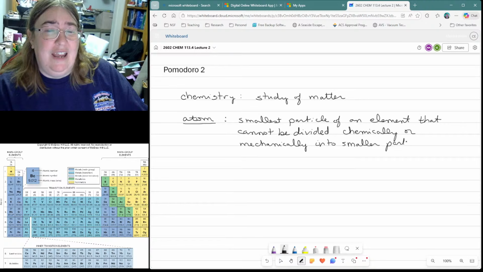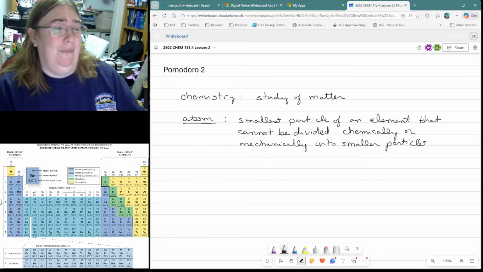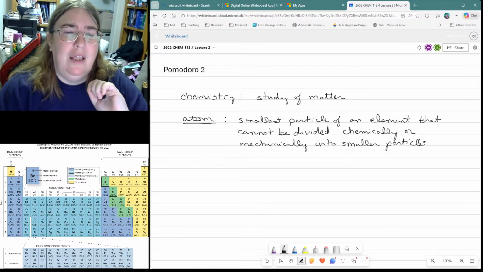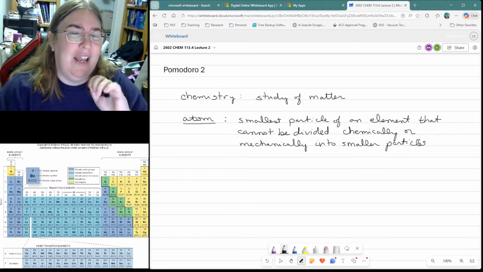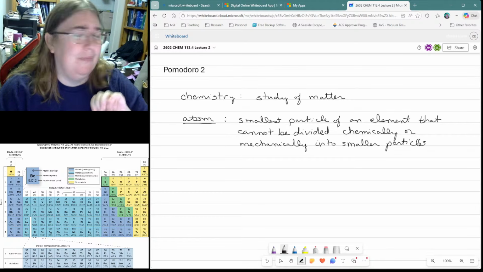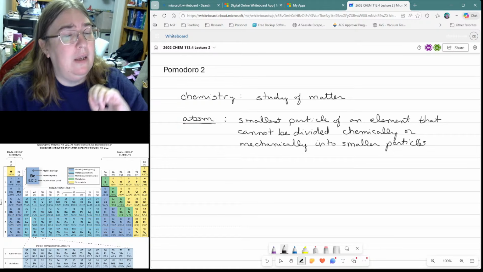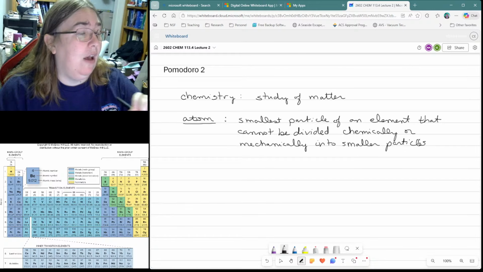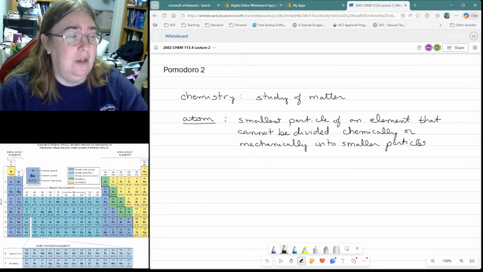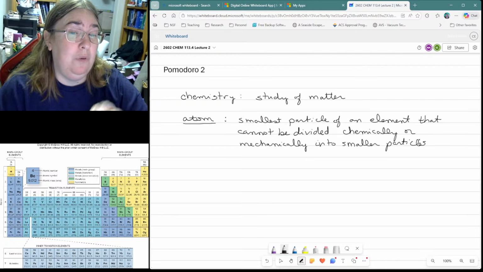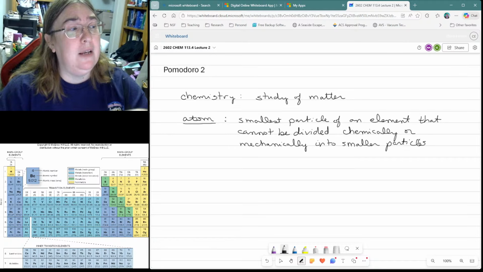Now, this definition has real problems. The smallest particle of an element, that's okay. And cannot be divided chemically, that's okay. The issue is the or mechanically part, that's not okay. Because today we have high energy particle accelerators. Those high energy particle accelerators can collide atoms, and when you do, they get divided into smaller particles, which are called fundamental particles.